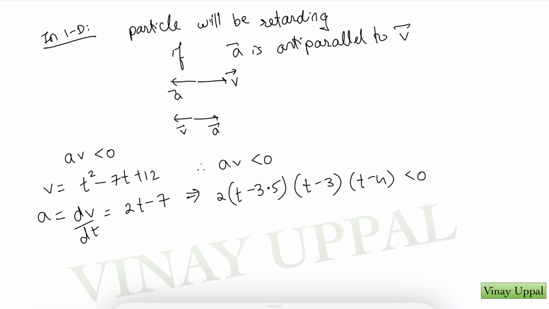This entire expression should be negative. Now it is very straightforward to see that the time intervals would be less than 3 seconds and the time interval between 3.5 and 4 seconds. So less than 3 seconds and then 3.5 to 4 seconds, these are the two time intervals in which the particle will be retarding.